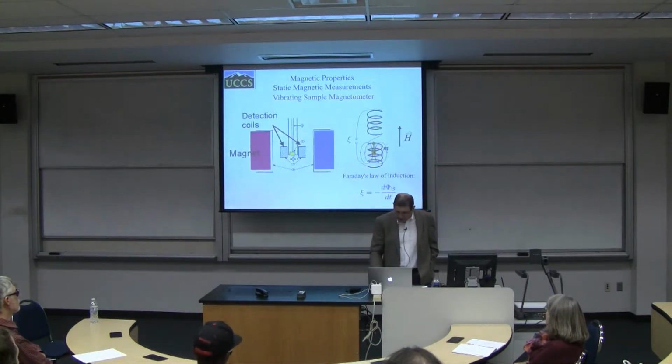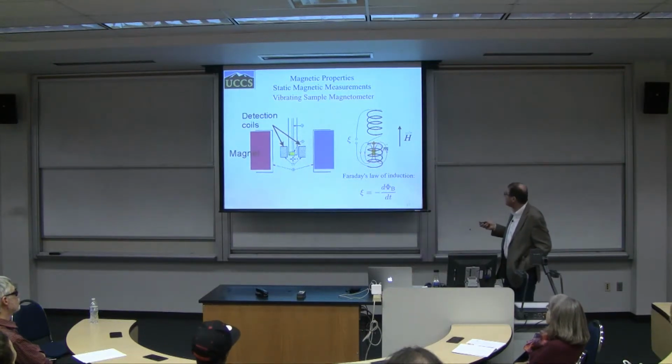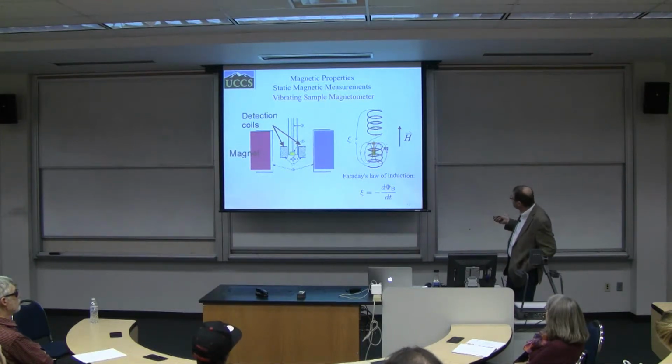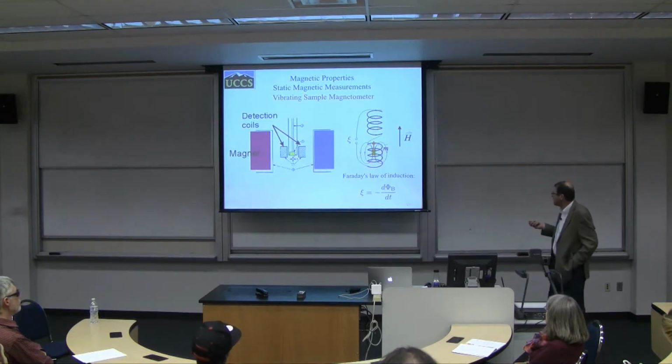The VSM is actually a very simple instrument. It's a glass rod with a magnetic sample attached to it. It has a loudspeaker attached to the top, which drives these things up and down. There are some coils. Because this magnetic material is moving within the coil, it generates voltage, which is associated with Faraday's law.